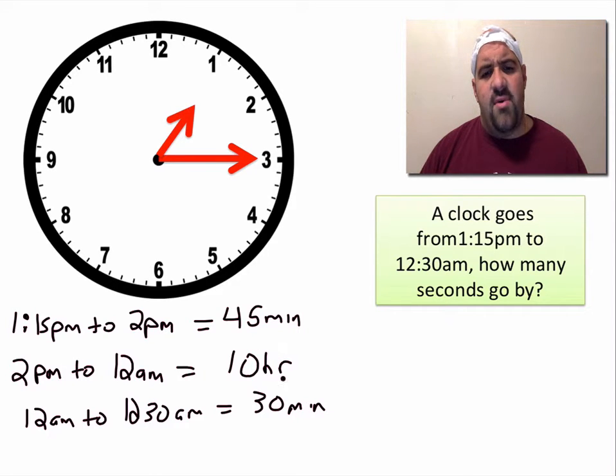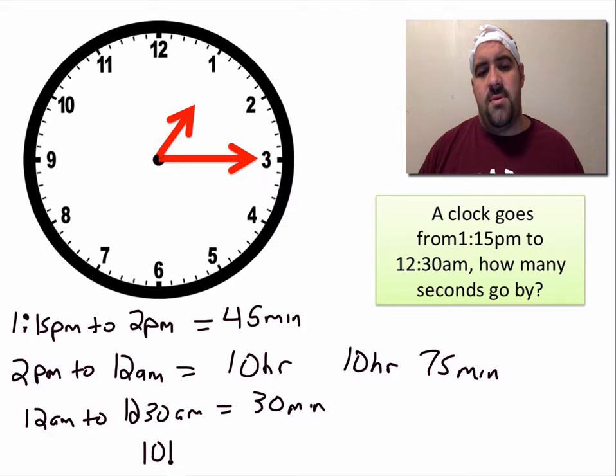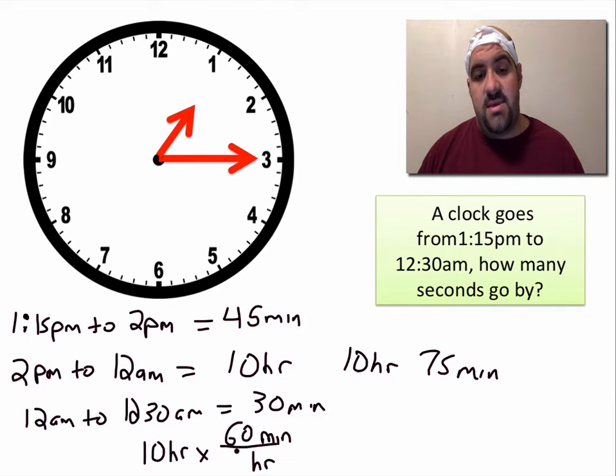So we have 10 hours and 75 minutes, because 45 and 30 is 75 minutes, or 11 hours and 15 minutes. But we're going to want to convert everything to minutes. If we have 10 hours, hours has to go down here. We want to go into minutes. 60 minutes is 1 hour.